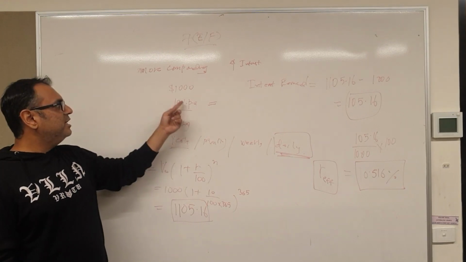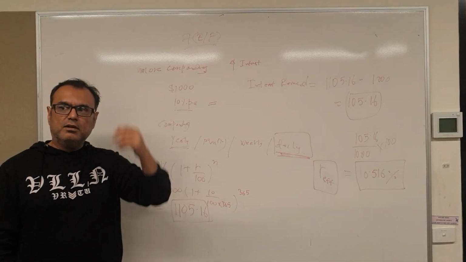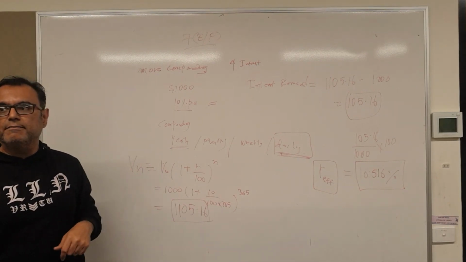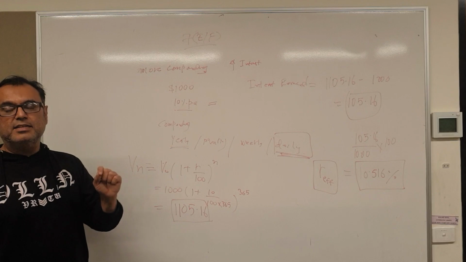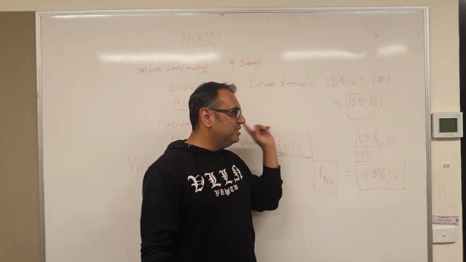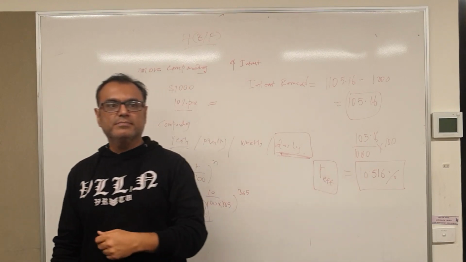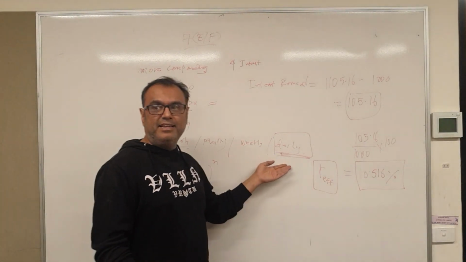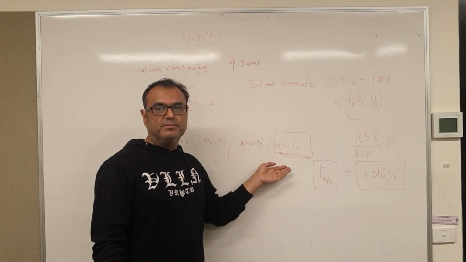And you will see, okay, 10% of the 1,000 is $100. I'll pay $100, that's fine. I'll pay $1,100 at the end of the year. But the real trick here is that the bank is tricking you. It's actually charging you more, because the bank compounds daily.